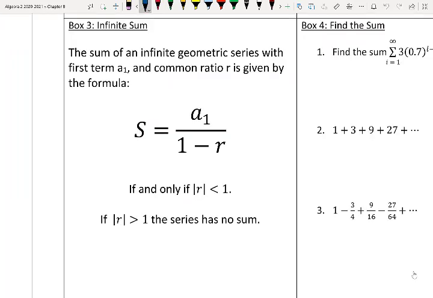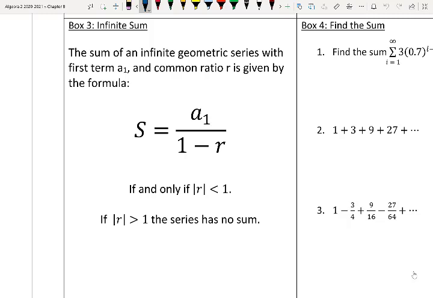All right, continuing with box number 3, now we are going to find the sum of an actual infinite geometric series with the first term a sub 1 and common ratio r, which is our common multiplier. So we have this formula that works for finding the sum of an infinite geometric series, which basically simplifies our formula down to just a sub 1 over 1 minus r.